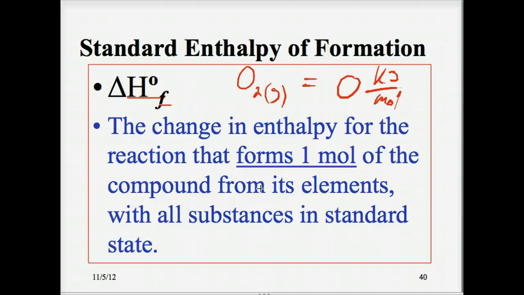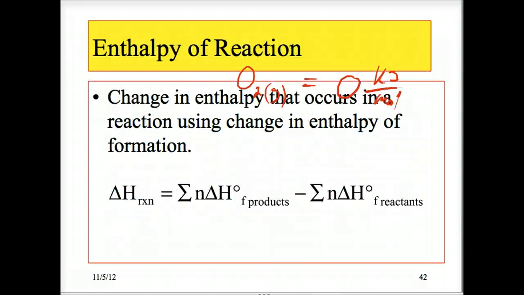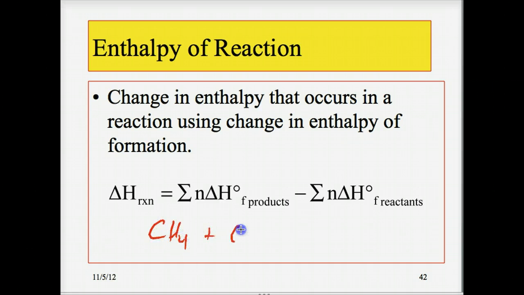Now this becomes important when we're doing our next step, and that is to calculate enthalpies of reaction from these values of heats of formation. I realize I'm coming in here on my 20-minute deadline. When you're dealing with a reaction, I'm going to put one up really quick: CH4 plus O2 yields CO2 plus H2O.